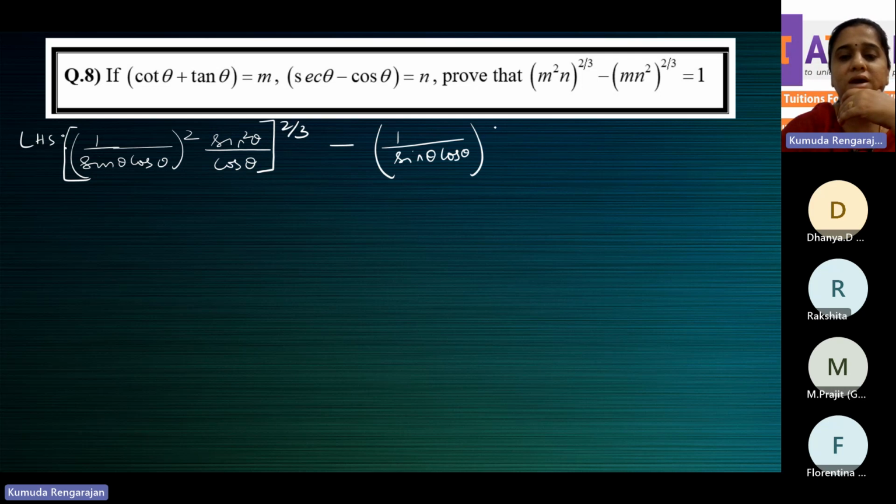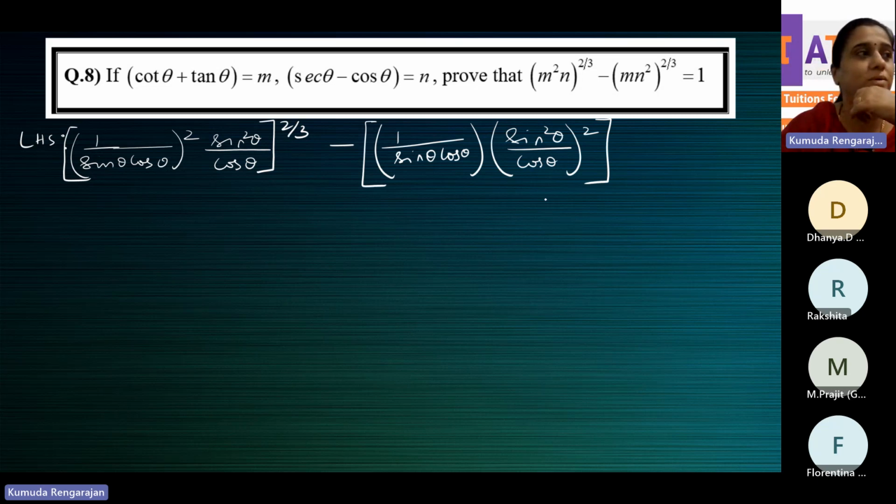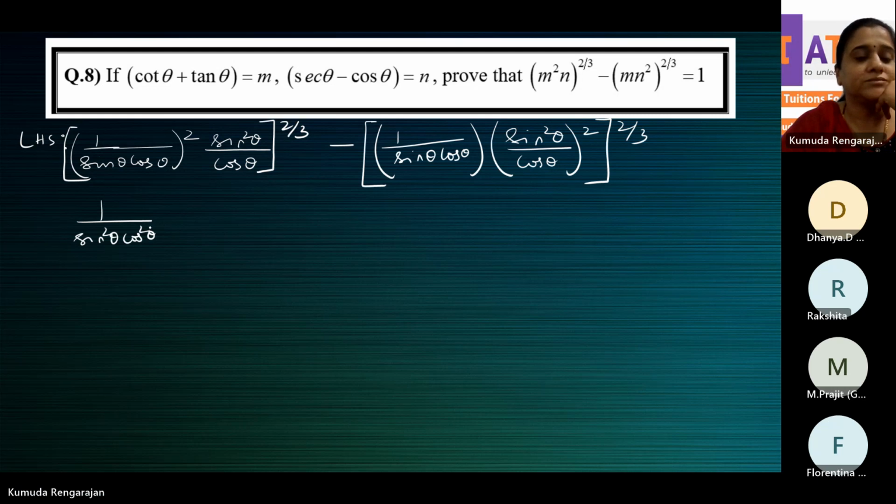This is M, N square. N is squared. Now both of these, M N square, the whole power 2 by 3. So we substituted. Next, 1 by sin square theta cos square theta, correct?